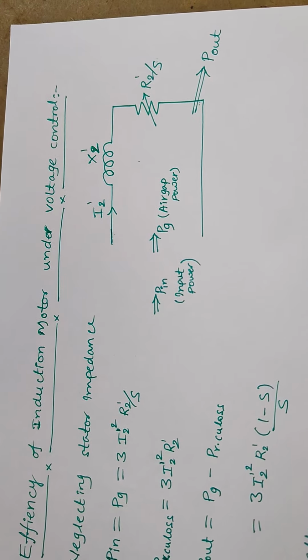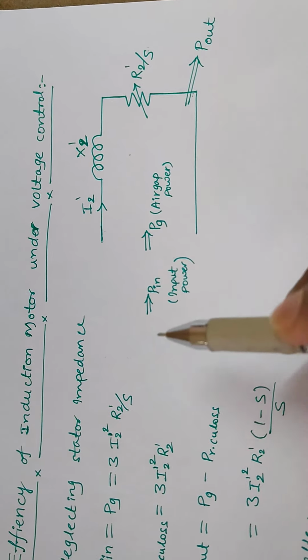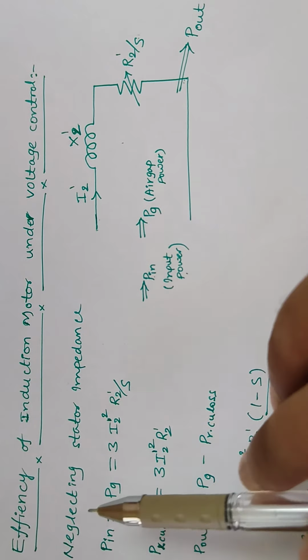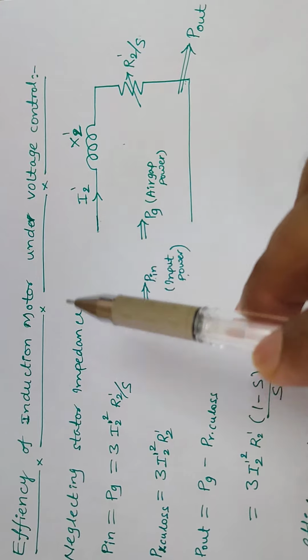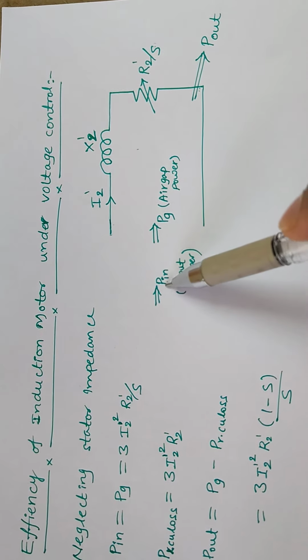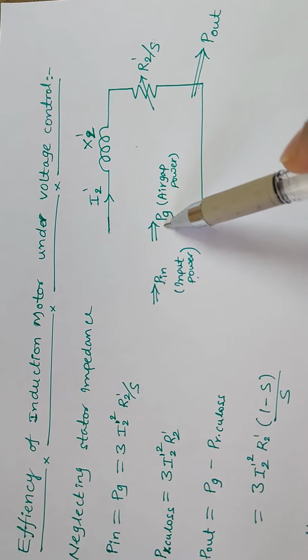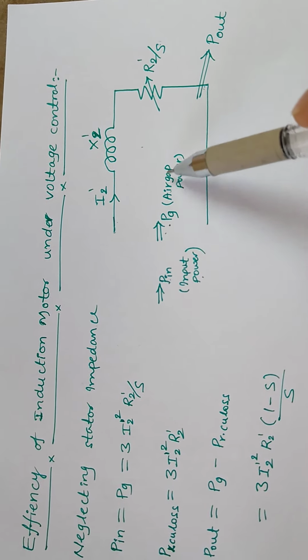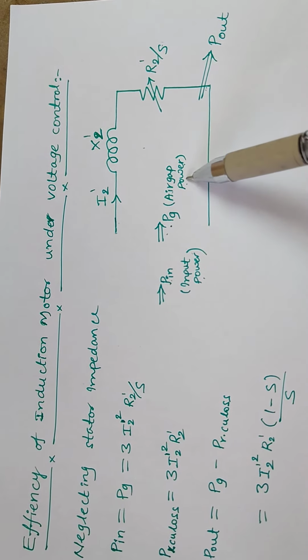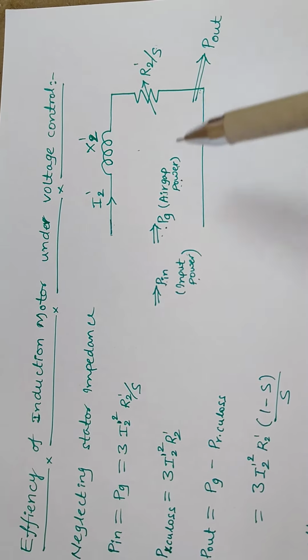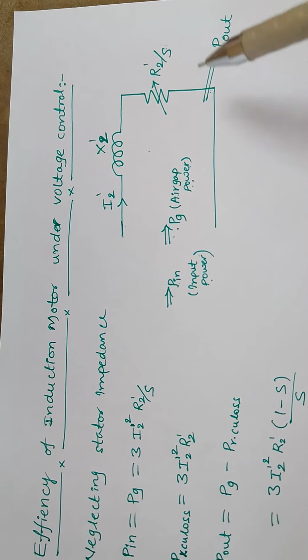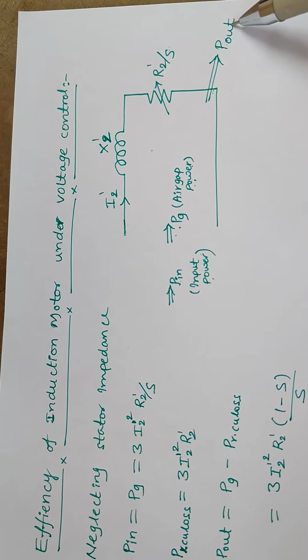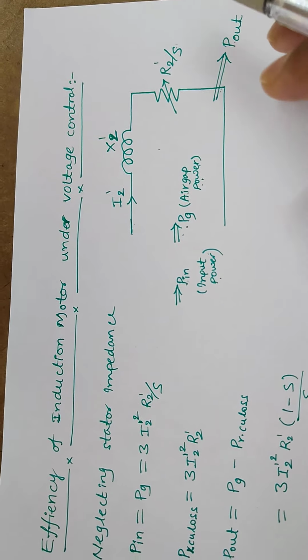So your total input power is Pin, and by neglecting the stator impedance or the stator losses, your Pin is equal to Pg, where Pg is nothing but the air gap power or rotor input power. The output of the rotor is nothing but mechanical output power.